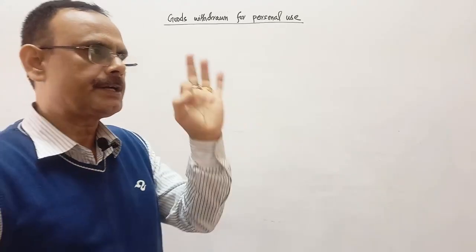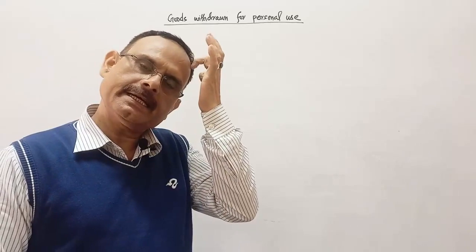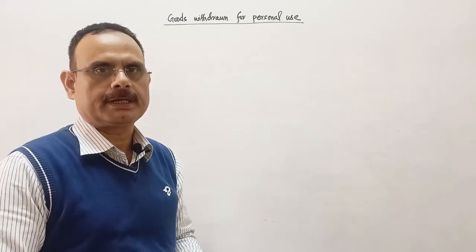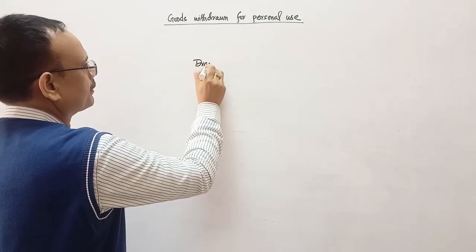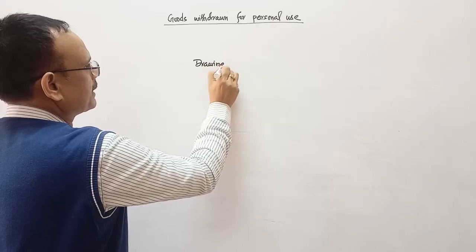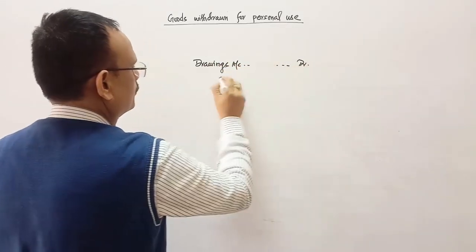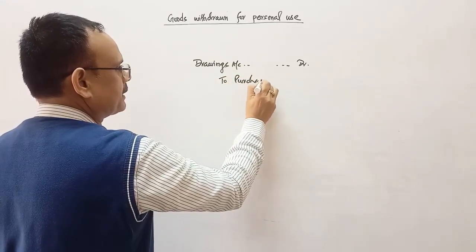If the proprietor withdraws the goods for his personal use, then it's drawings and the information is given in the adjustment. Then what entry will we do? Drawings account debit. Goods are withdrawn, that's why purchase account will be credited.